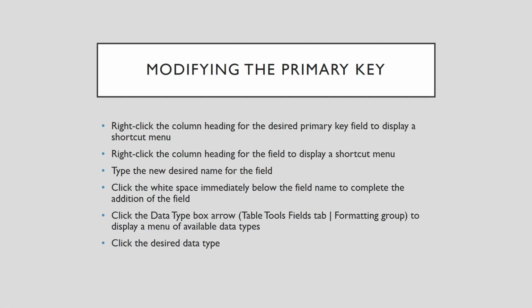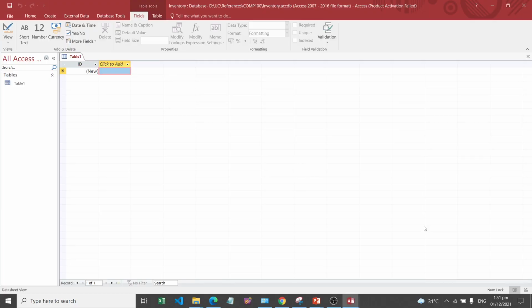Okay, so you can now start specifying or identifying the fields for your table. And of course, you have to specify the table name. So for example, for this table, let me just have the design view to specify the table name.